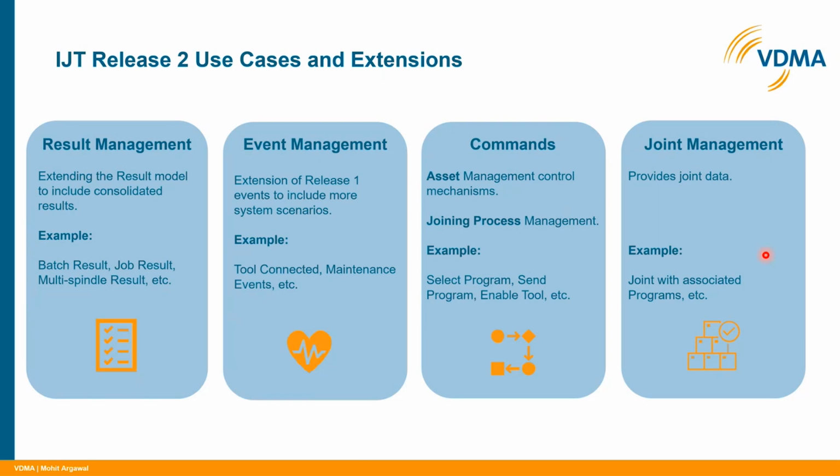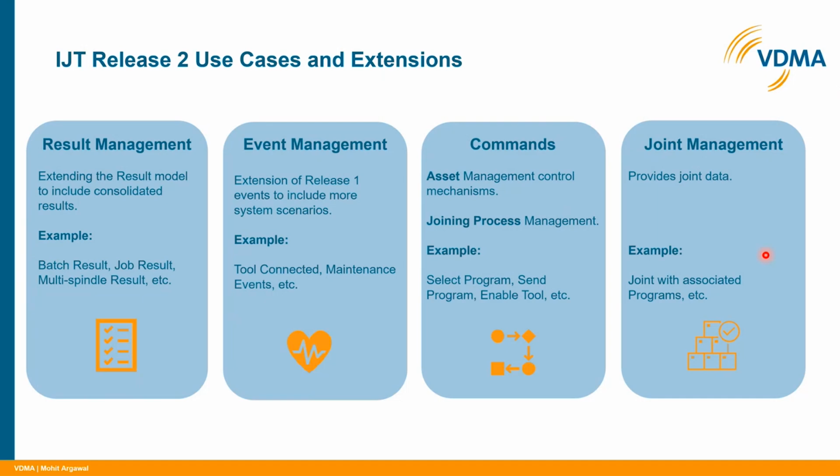But with joint management, the user can just provide the joint ID or the bolt identification, and the tightening system will take care of which process is suitable to perform tightening on that bolt. So with this, we are enabling an easier option for the clients where they can just provide the joint identification and some prerequisite data, and the tightening system will take care of the suitable tightening process or joining process. So these are the high-level use cases which are covered.